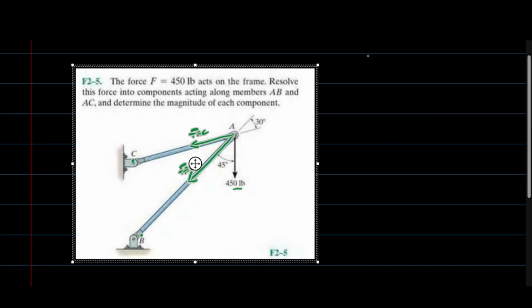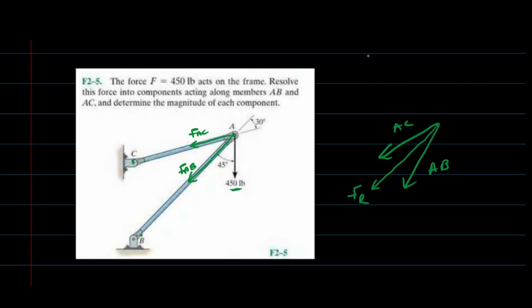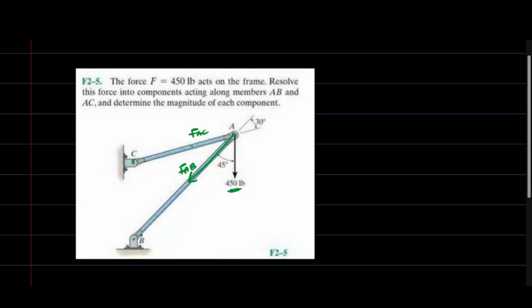If the vectors are in this direction, this is AC, this is AB, the vector forces AB and AC, you're basically implying that your resultant force is somewhere along here. And quite frankly, from the diagram itself, you can see it's clearly not so. That's going to be a problem if we draw FAC in that direction. So what we're going to do is simply turn it the other way around.